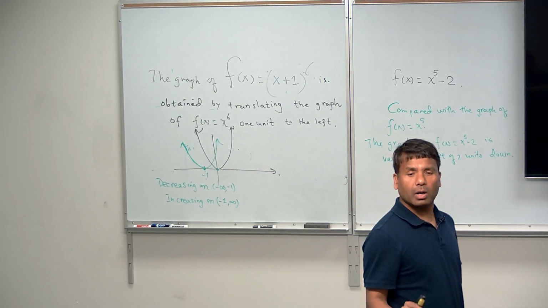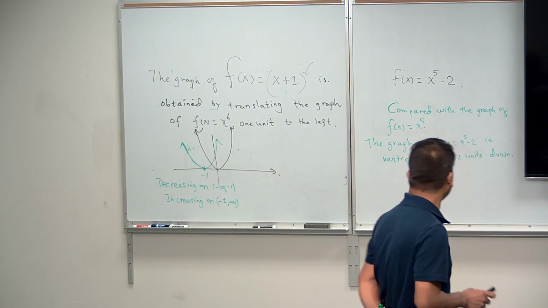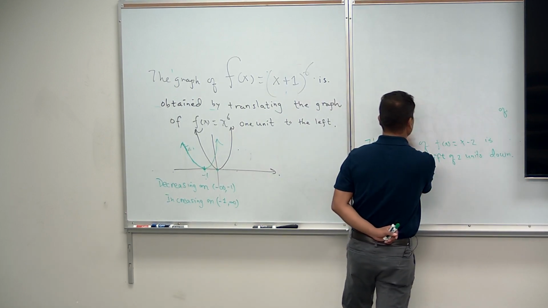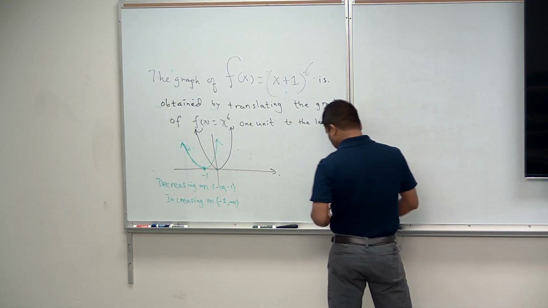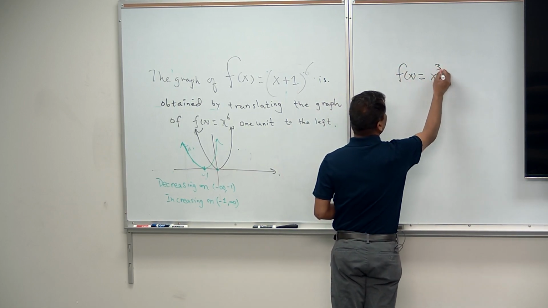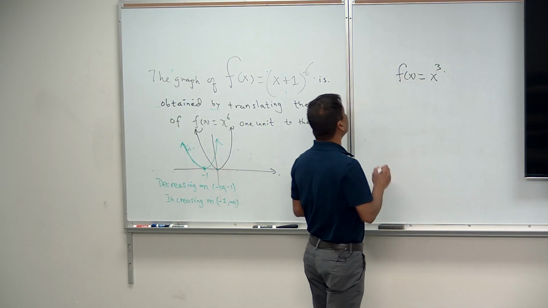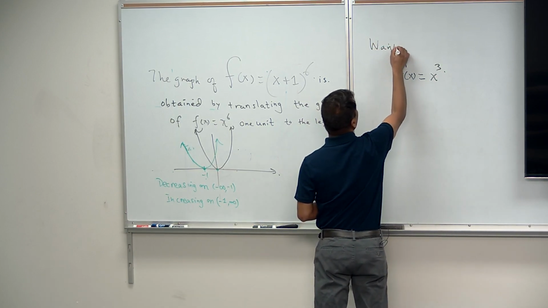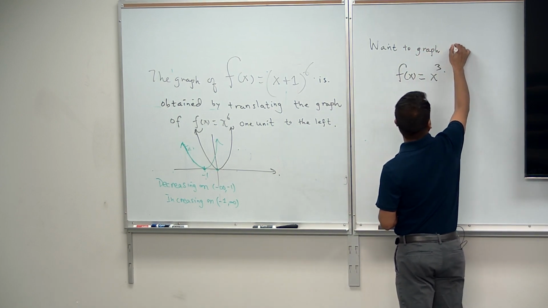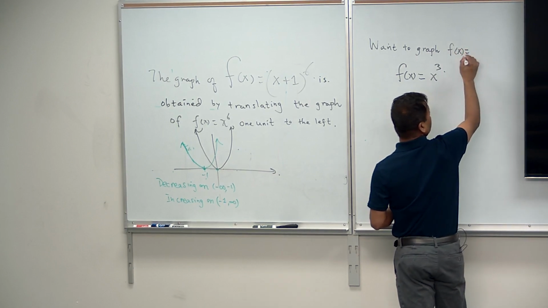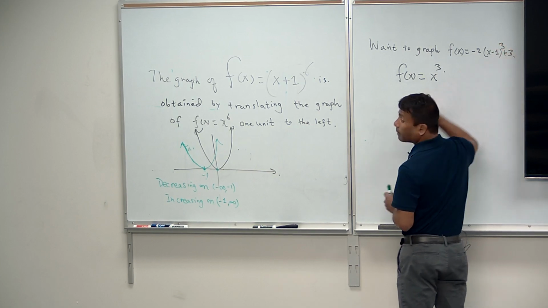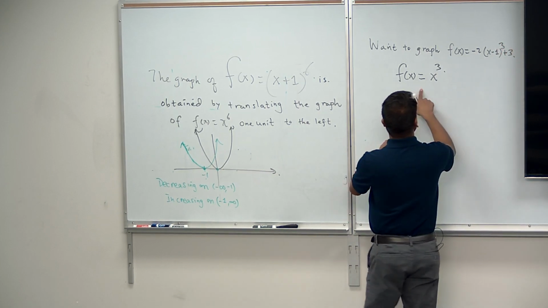You have f(x) equal to x cubed. This is the original graph. If you want to draw the graph of the function f(x) equal to -2(x minus 1) cubed plus 3, we start here.